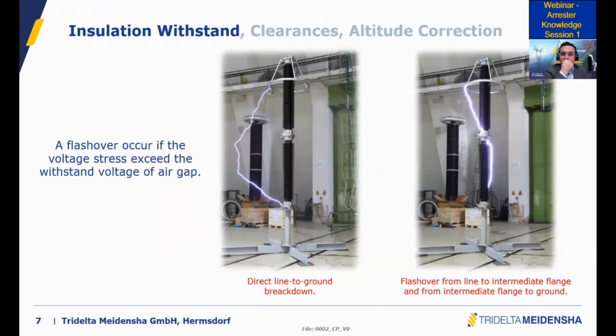The other thing is the insulation withstand of the air itself, and therefore we test under dry conditions and under wet conditions, because the conductivity of the air is different if it is wet. But normally we distinguish between the creepage distance and pollution level, and the insulation withstand of the surge arrestor. So it's two different things.